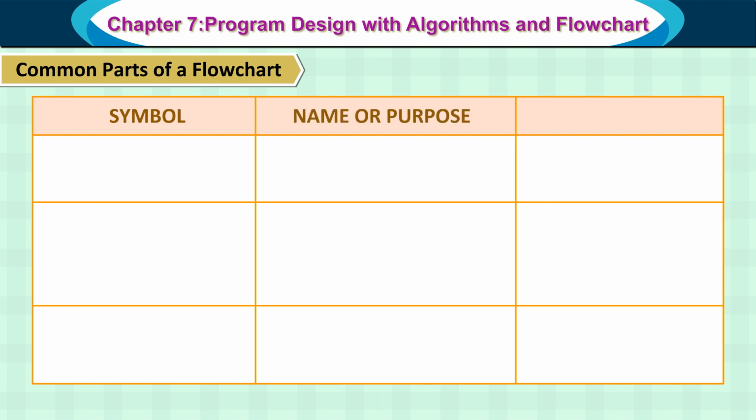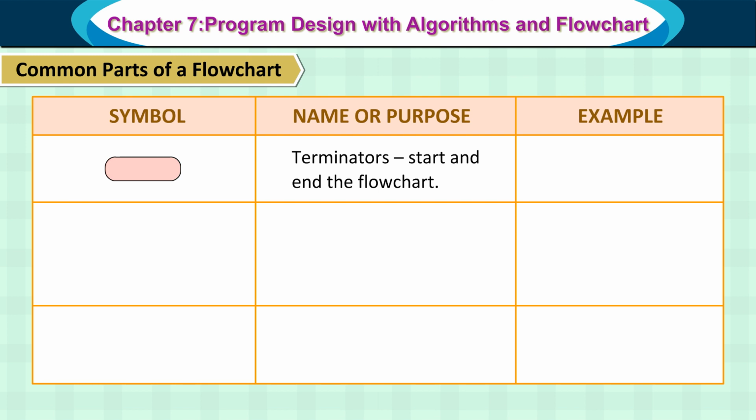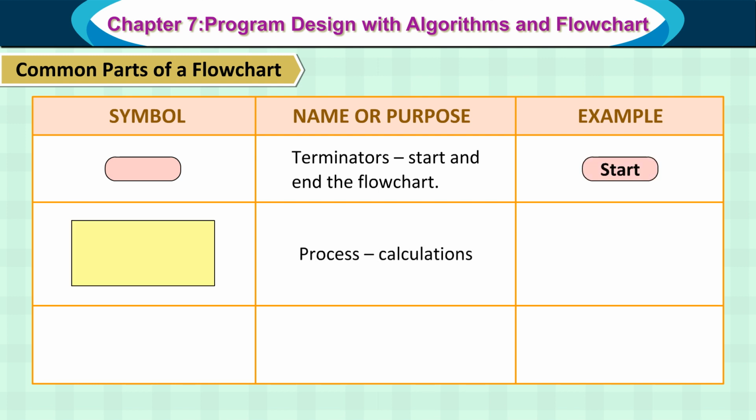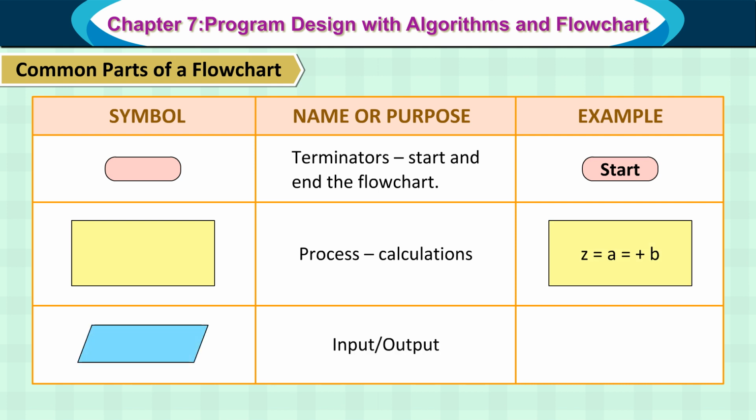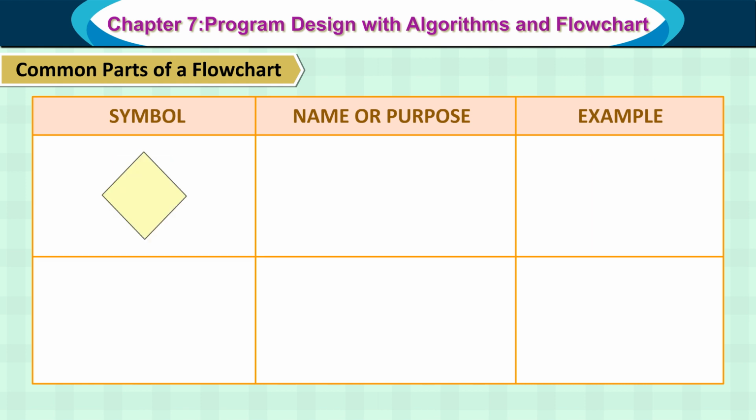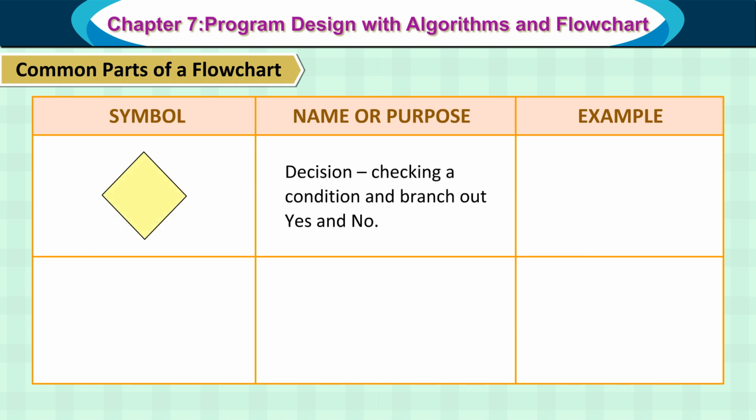Symbol, name, purpose, example. Terminator: start and end the flowchart, Start. Process: calculations, Z equal to A plus B. Input or output: Input A. Decision: checking a condition and branching out yes and no, Is A greater than B?